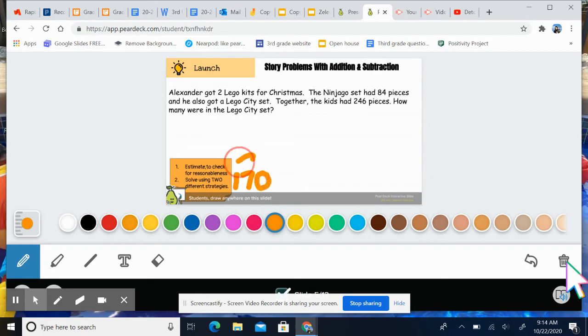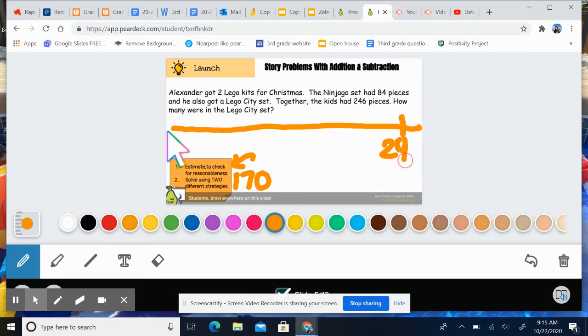We determined that earlier, of your number line. So this time we're going to start at 246. And with subtraction, you're going to start over here because we're going to go backwards. Because a number line, you read it left to right. And so these numbers are bigger over here and these numbers are smaller.